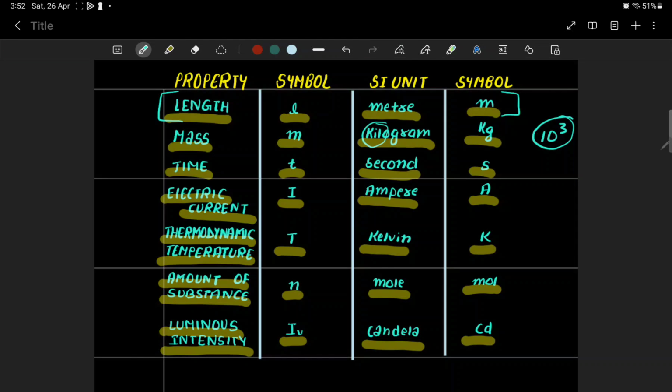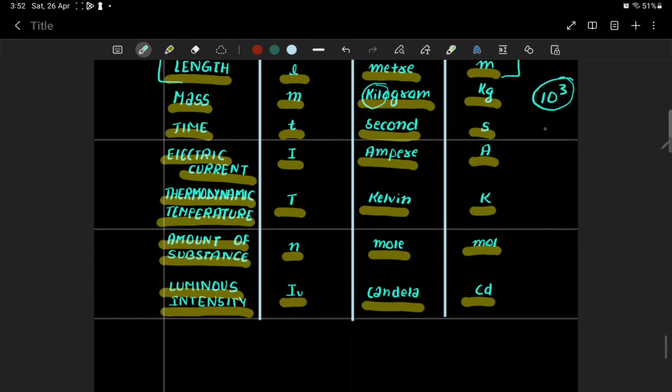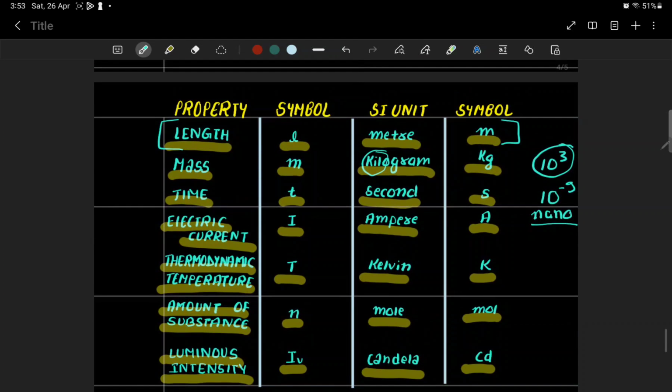Some prefixes are normally used, like nano, 10 to the power minus 9. In more complex calculations, you use prefixes.